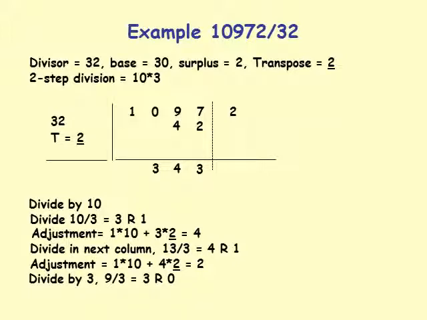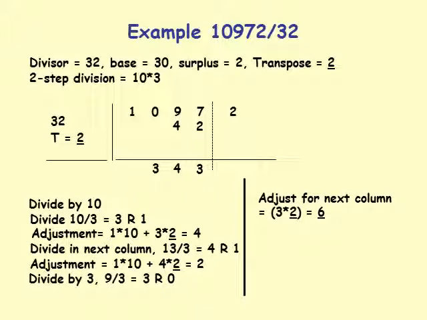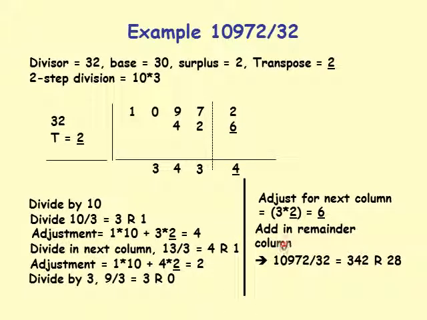Now next is the adjustment for this. The remainder was 0, so the only adjustment is 3 times the transpose. That's a negative 6. So if you add in the remainder column, I have a negative 4 here.